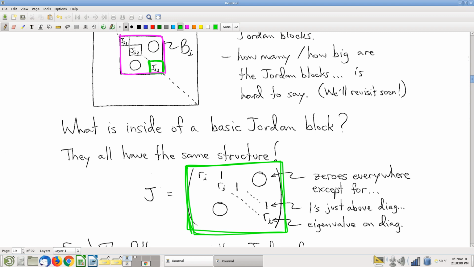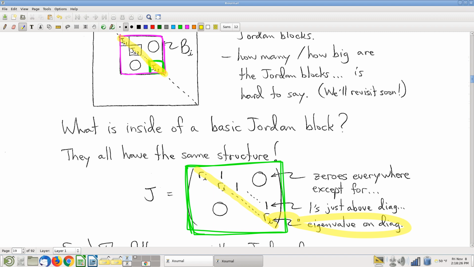Always the same thing. There is a single number on the diagonal. By the way, we know what that number on the diagonal is if you think about it, right? The diagonal of a Jordan block is also on the diagonal of the eigenvalue block, which, as we already know, is just the eigenvalue corresponding to that eigenvalue block.